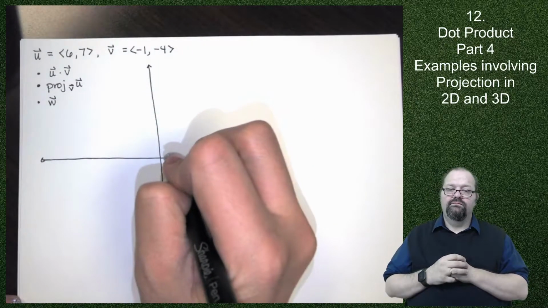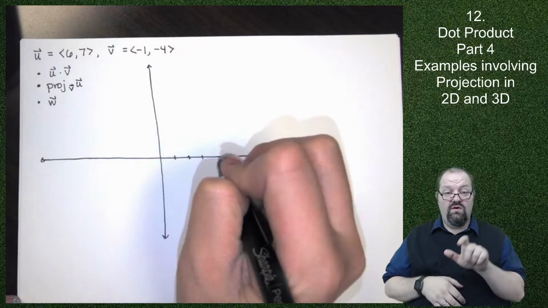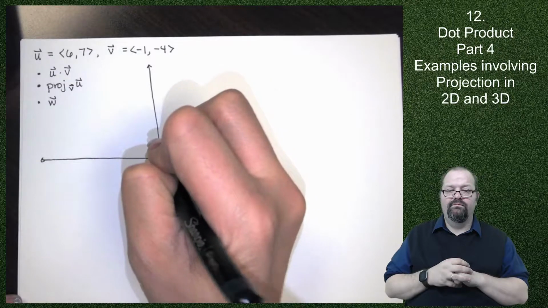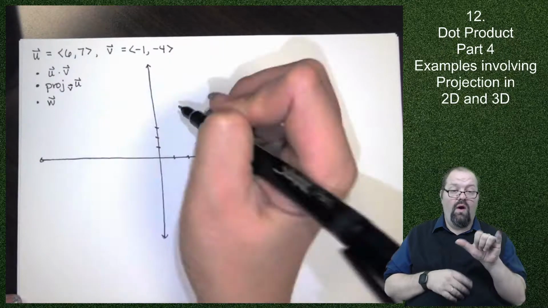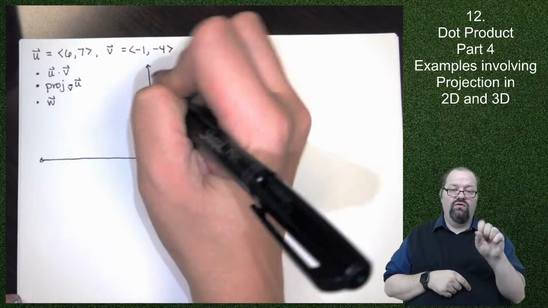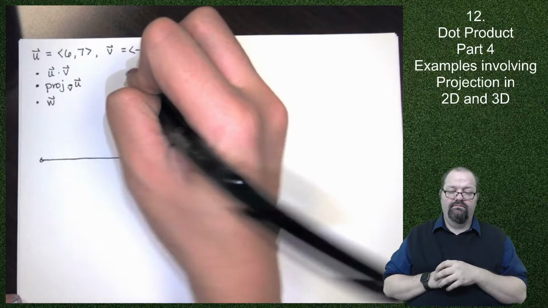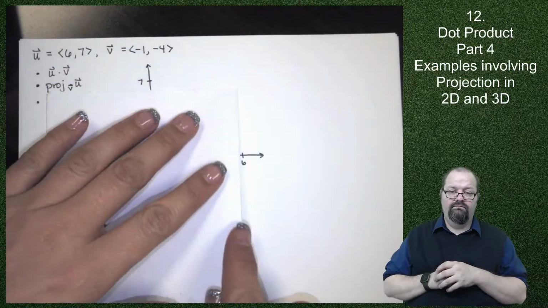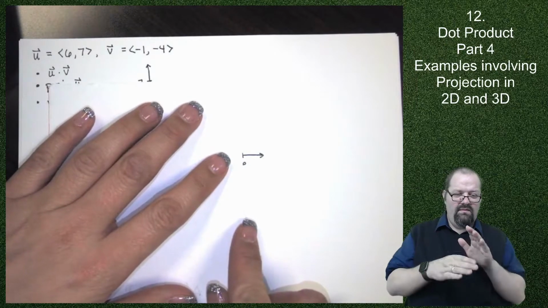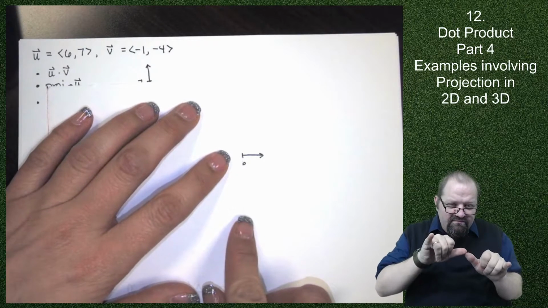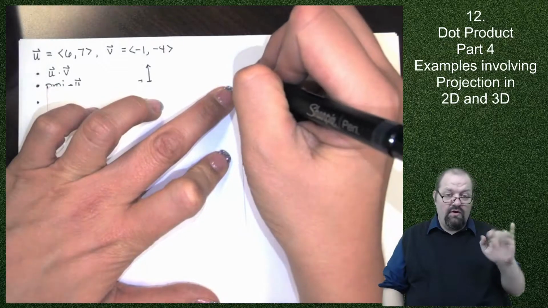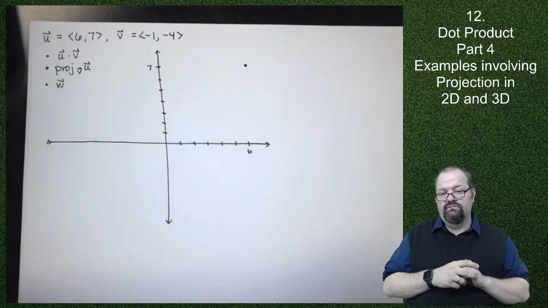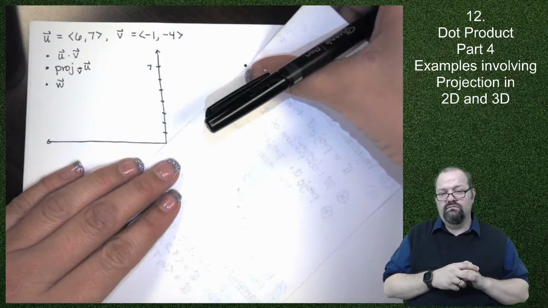I'm going to go 6 units in the x direction, 7 units in the y direction, and use a piece of paper to plot that point. It's the terminal point of my vector u. It's the vector with components 6 and 7.